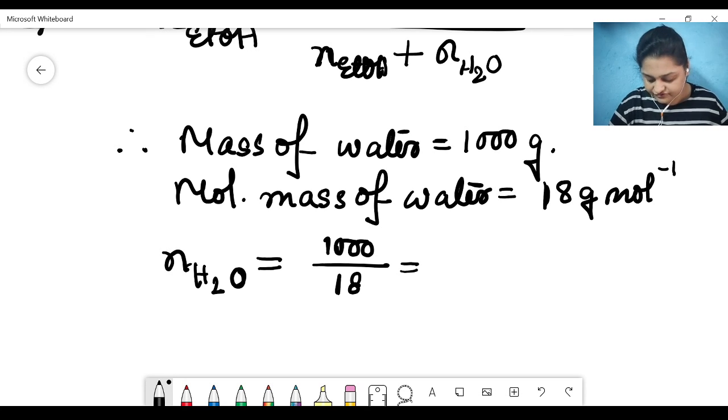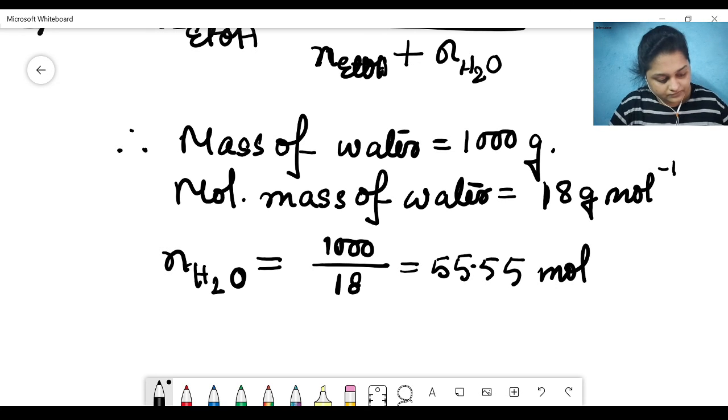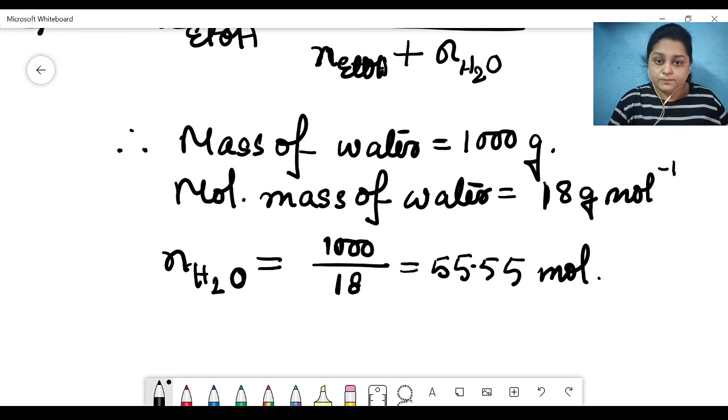It will give 55.55 mole. This is the mole of water that is going to be present in the 0.04 mole fraction of ethanol in the solution.